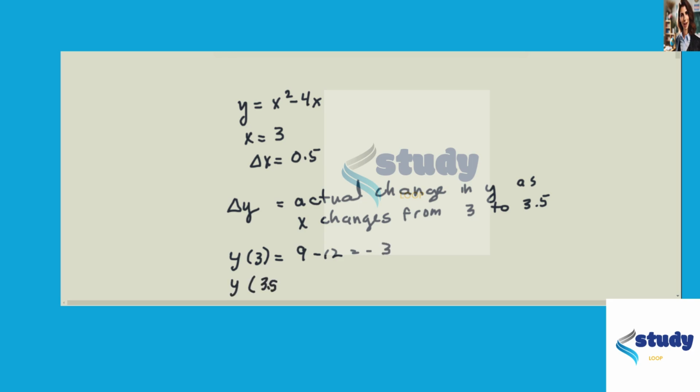And then y at 3.5, and that'd be 3.5 squared, which is 12.25, minus 4 times 3.5, which is 14, so minus 1.75.